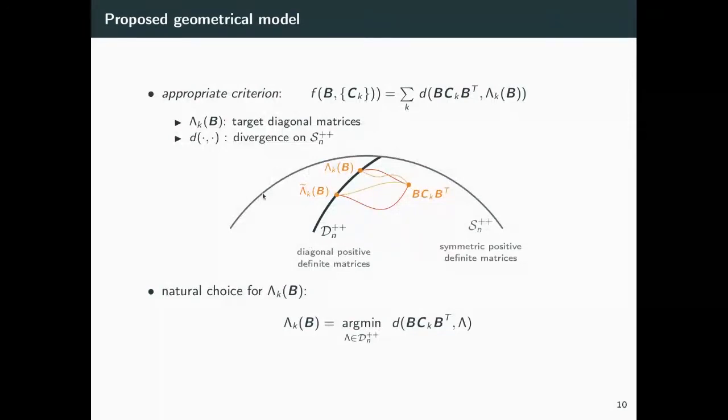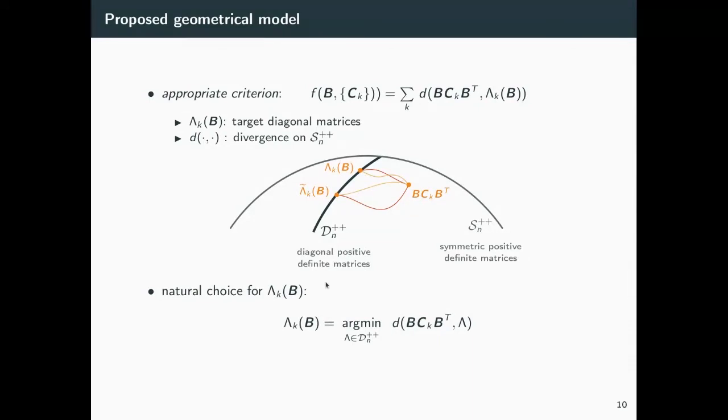So here the divergence will define how we are going to try to get closer to the diagonal matrices, and the target diagonal matrix on the set of diagonal matrices will define where we want to go on the set of diagonal matrices.